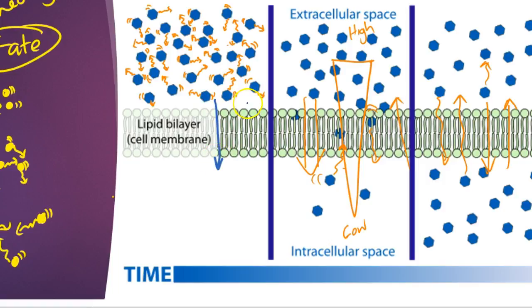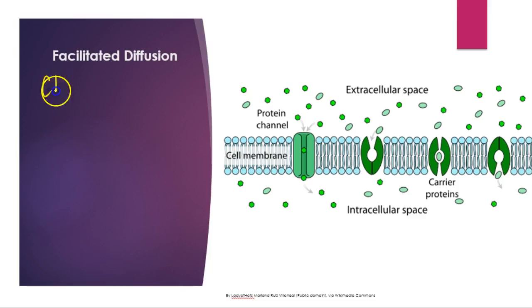If you're a bit bigger, or in water's case, polar, they have channels like this that literally open up small sections of the membrane for molecules to actually slip through. But in this case, you have to be of a specific shape and a specific chemical type in order to move through that. Here we have examples of channel-mediated and carrier-mediated facilitated diffusion.